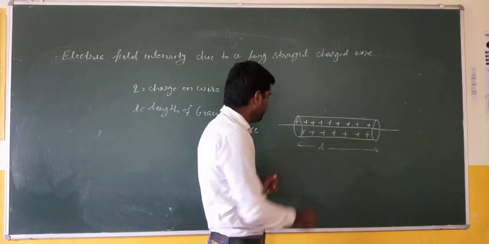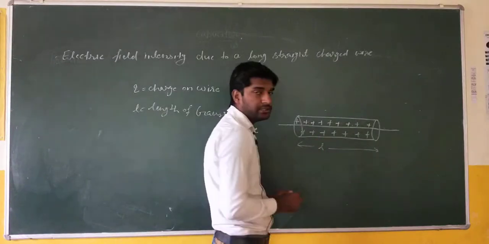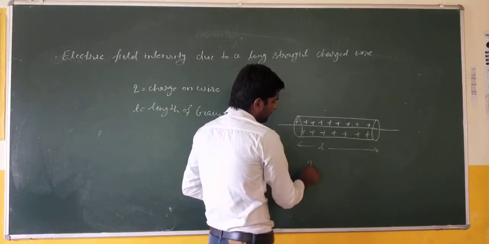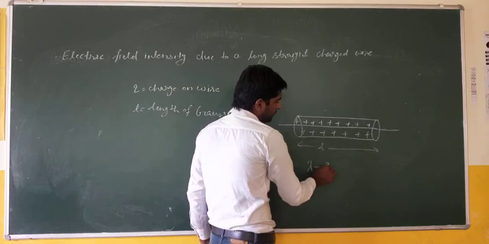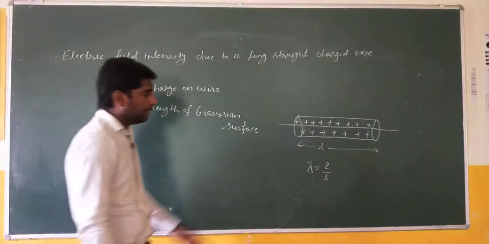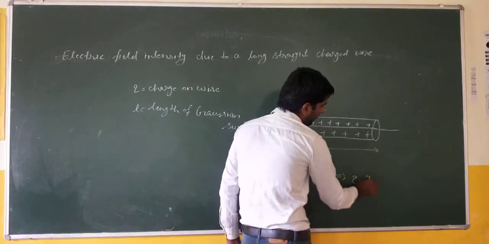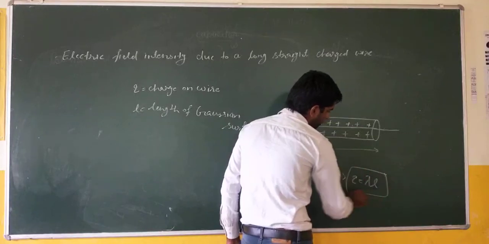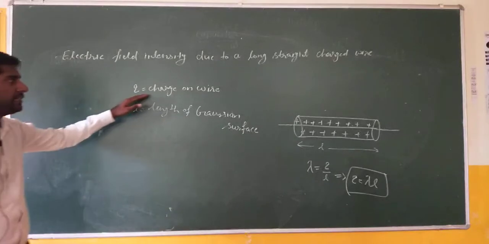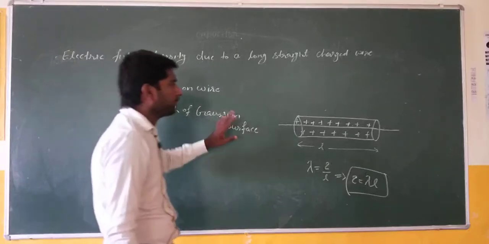If Q is the charge present on the wire and l is the length of the Gaussian surface, or the length of the wire, then linear charge density lambda is the charge per unit length. So lambda is equal to Q by l, and from here Q is equal to lambda into l. This is the relation of charge with linear charge density.